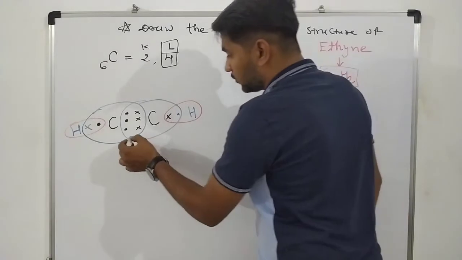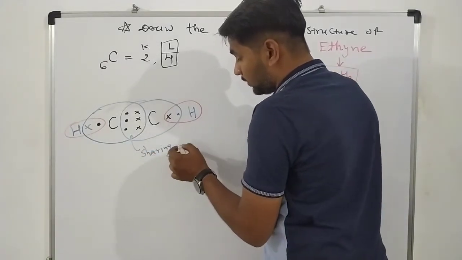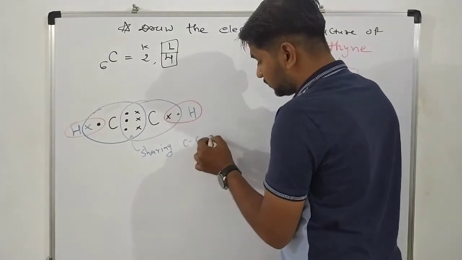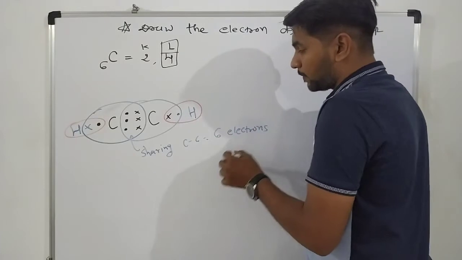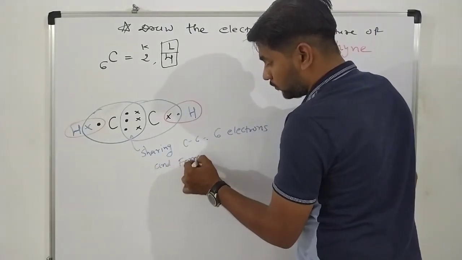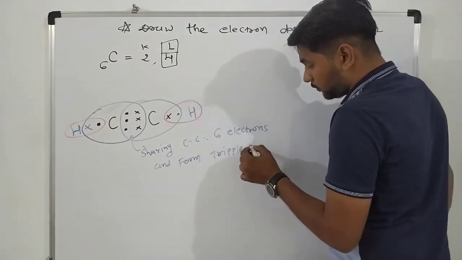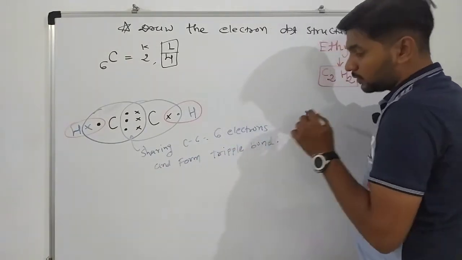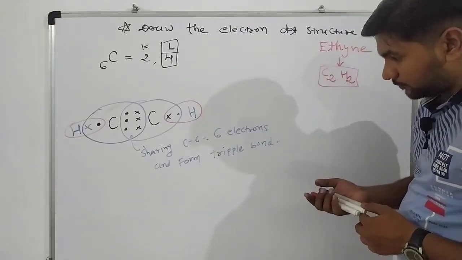Here there is sharing of electrons, sharing carbon carbon 6 electrons and forming a triple bond. Okay, so here it is a covalent bond.